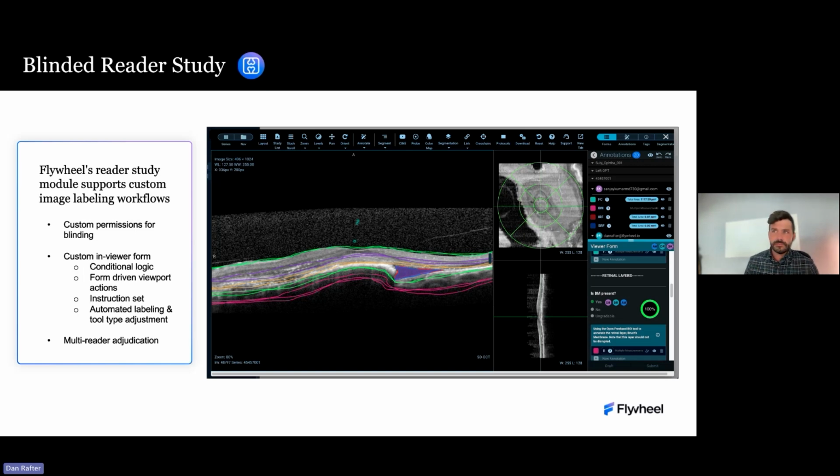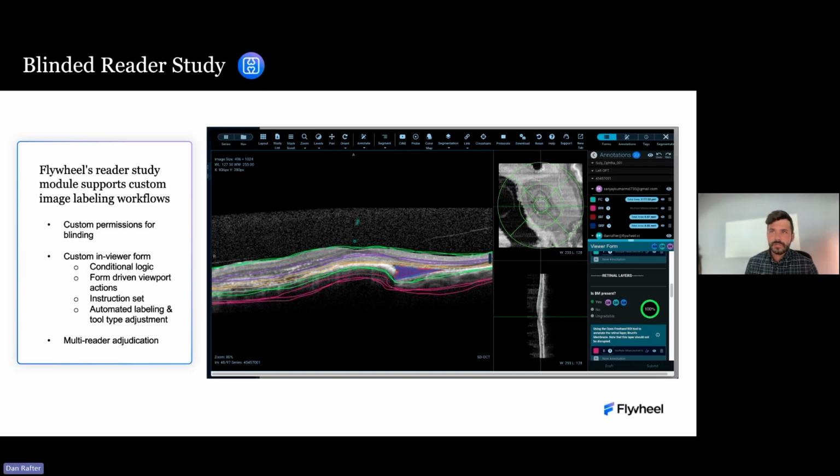So I want them to use, in this example, an open freehand tool. I am driving what label should be applied to the annotations that they make. I can customize the color of that annotation. So across the board, I'm always seeing Bruch's membrane as green, regardless of what user applied that.